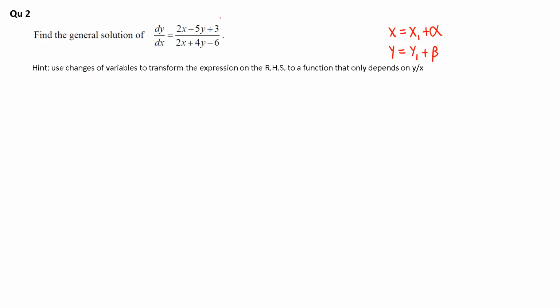If we make this variable change, the right-hand side becomes 2(x1 plus alpha) minus 5(y1 plus beta) plus 3, divided by 2(x1 plus alpha) plus 4(y1 plus beta) minus 6. You want to get rid of the 3 and the 6, right?